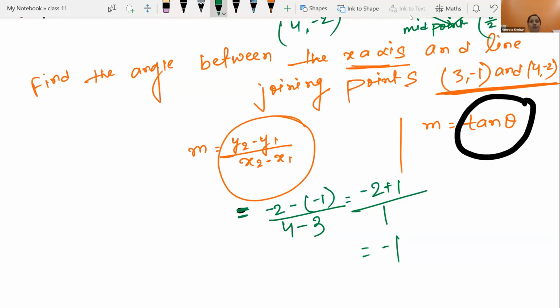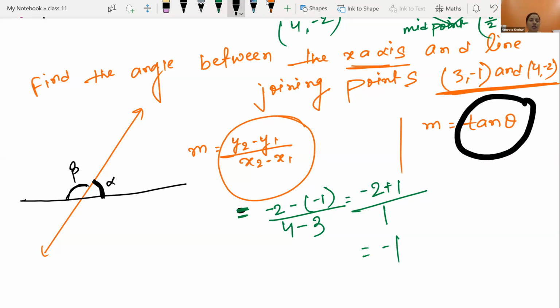One more thing I was explaining last class, when we are talking about the slope: you have a line, and you are checking what angle it is making with the positive direction of the x-axis. This angle. Can you see this alpha and beta is making a linear pair with each other?